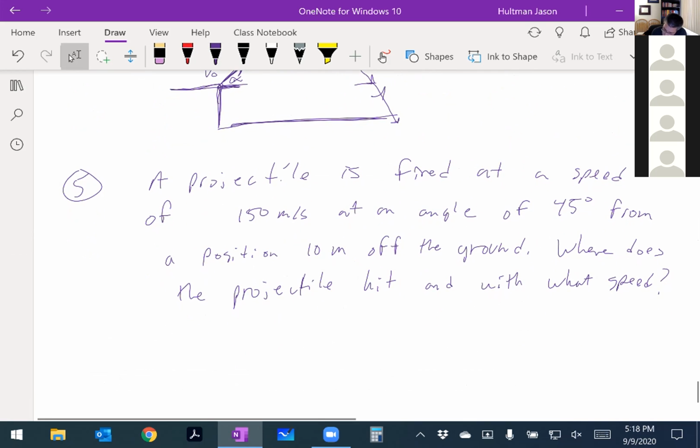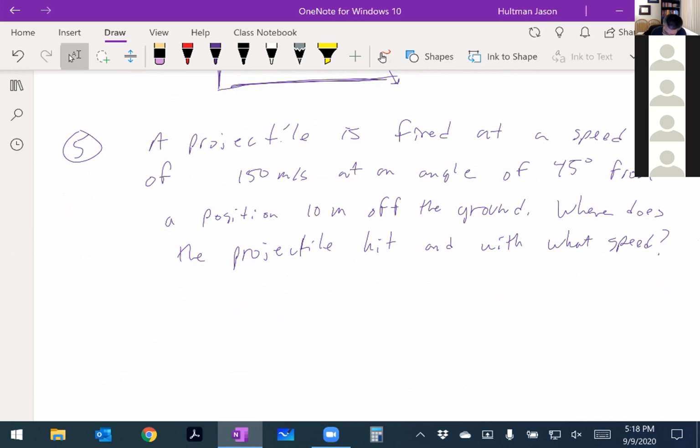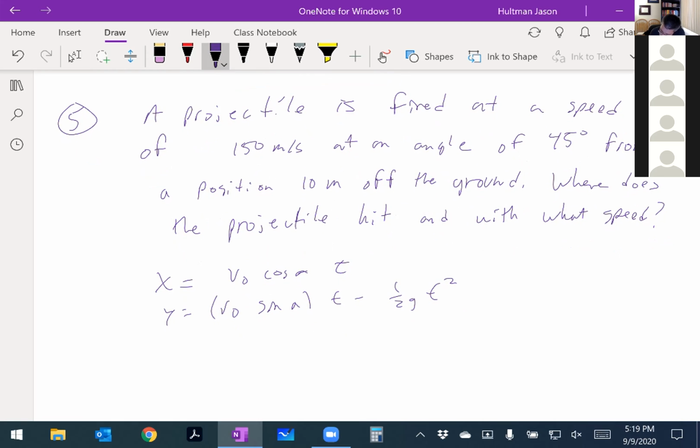Let's put in our parametric equations for what we know, where x is equal to v naught cosine alpha t, and y is equal to v naught sine alpha t minus 1/2 g t squared. So v naught is going to be 150.